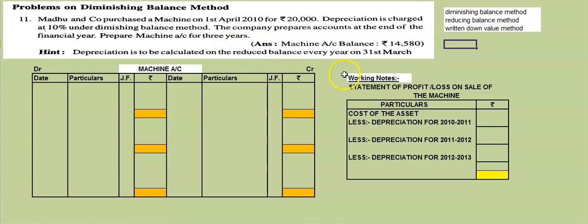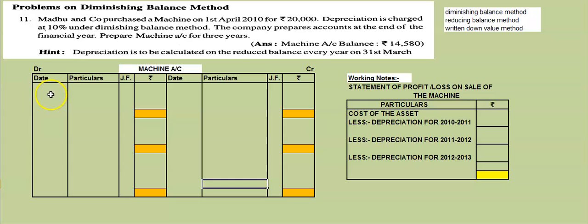So rate of depreciation is 10%, cost of the asset is 20,000, method of depreciation is diminishing balance method. How many years is the machine account asked for? 1, 2, 3 years. So we'll start the problem.